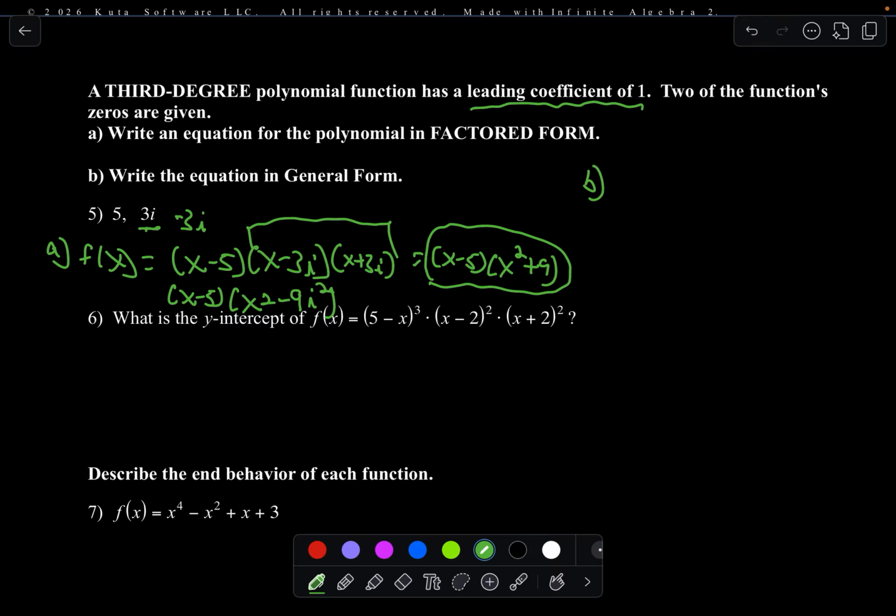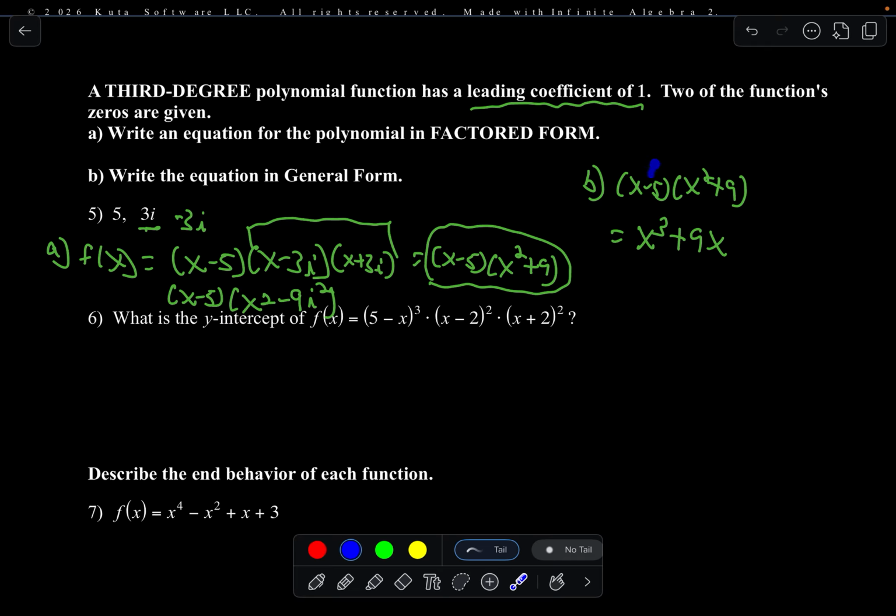So B, you multiply together x minus 5 and x squared plus 9. You just literally multiply them together. So going through the FOIL process or distributive process, you could also make a box. x times x squared is x cubed. x times 9 is 9x.